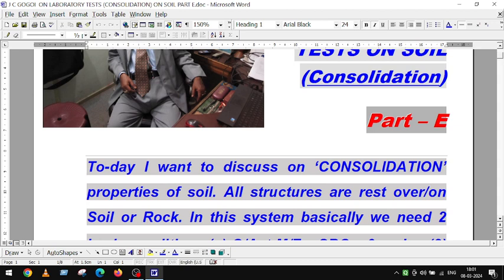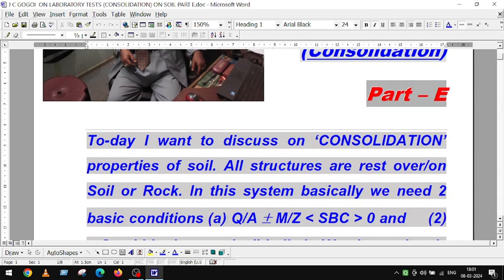Normally the soil is laid over soil or rock of our lithosphere. In this system, we basically need two references.